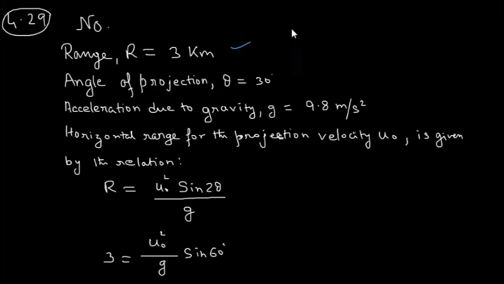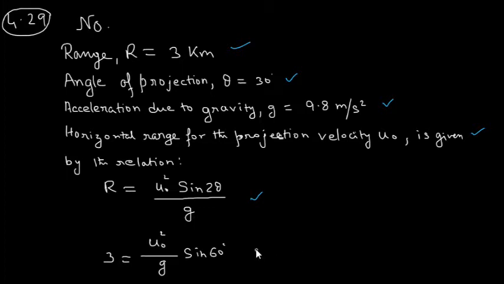Angle of projection theta is equal to 30 degree. Acceleration due to gravity g is equal to 9.8 meter per second square. Horizontal range of the projection velocity u naught square is given by the relation R is equal to u naught square sine 2 theta upon g.